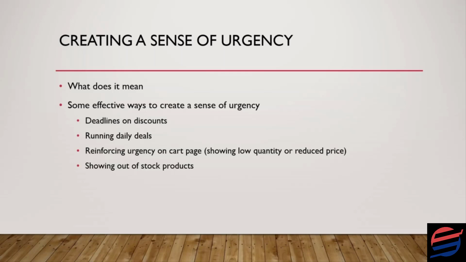And because they don't have the sense of urgency, they will not buy right now, on the spot. But if, for example, you say this price is only available for the next 12 hours, people will be more likely to buy the product because they really don't want to miss out on the sale. And especially when people like the product and are really interested in it, they don't want to miss out on the sale. So there is more chance that those people buy the product that you are selling.